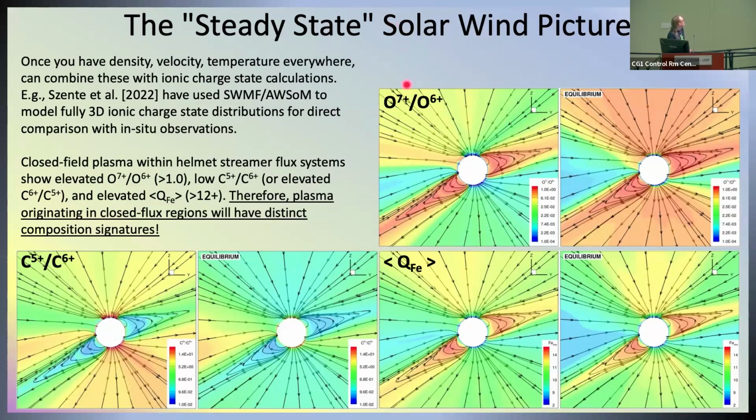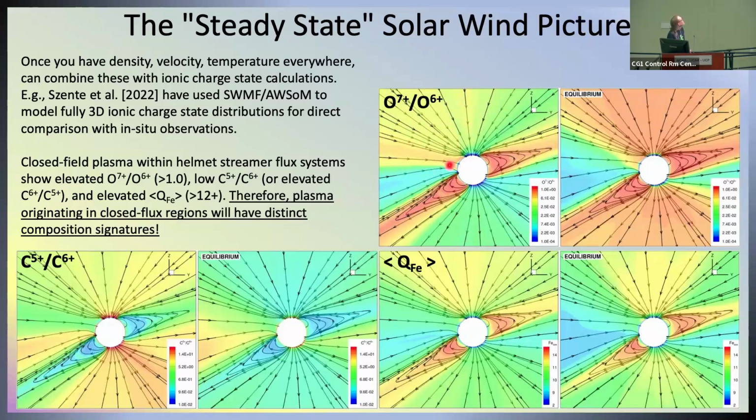And so if you look at this thing, O7 to O6, this is a ratio of hot oxygen ions. And you can see they're basically red in the streamer. So that's the hottest material. Blue in these deep open field coronal holes, yellow at the boundaries of the coronal holes, and then green transitioning into yellow.